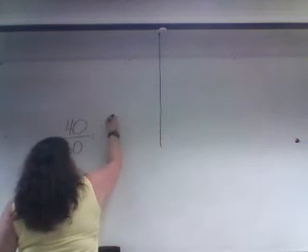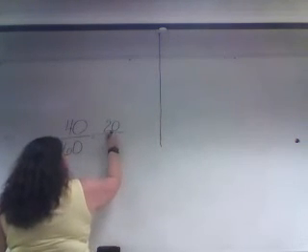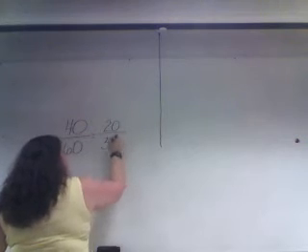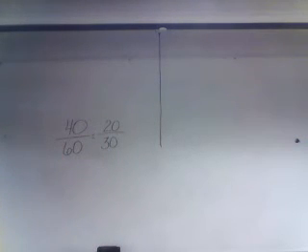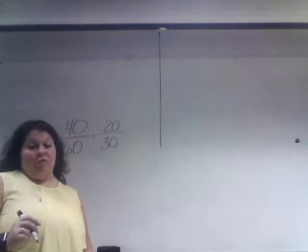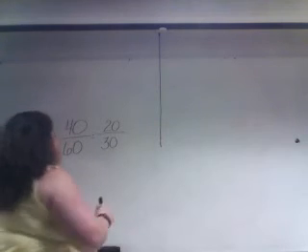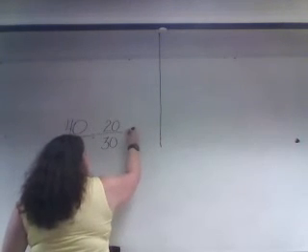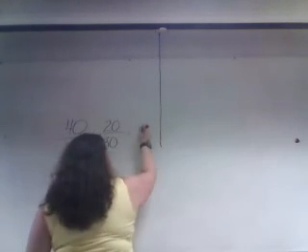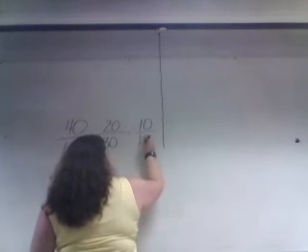So I'm going to cut it in half again, or divide both the top and the bottom by 2. And I'm going to get 20/30. So hit pause again and see where you go from here. And then come back. So I'm going to split this in half again, or divide by 2, and now I'm going to have 10/15.